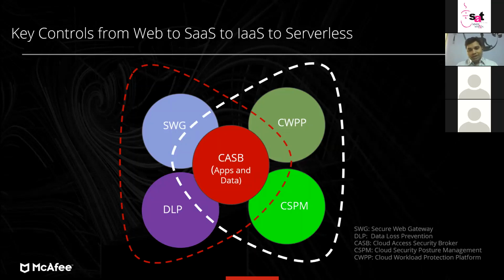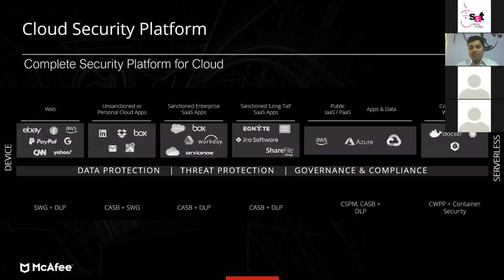So let me introduce the McAfee platform, the MVISION Cloud platform, because we designed the platform in such a way that all these different vectors can be addressed from a single pane of glass. MVISION Cloud would be one platform from where you would be able to configure and manage the web proxy.